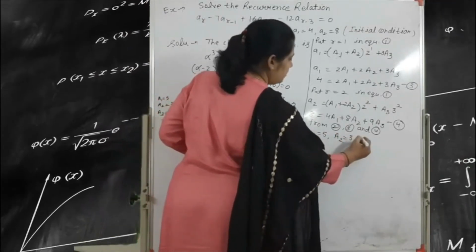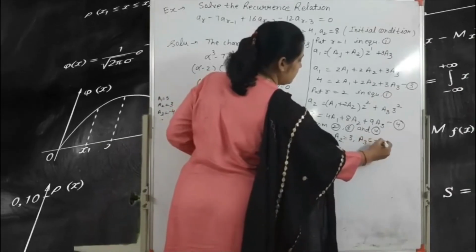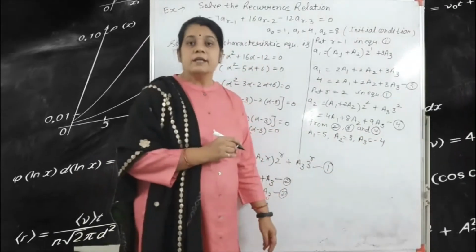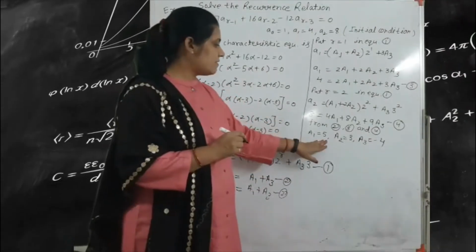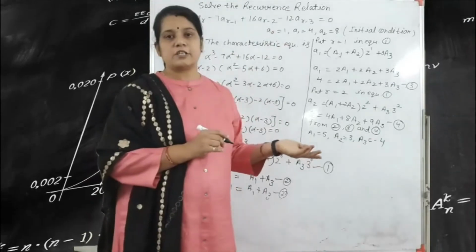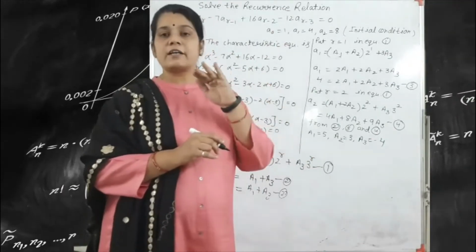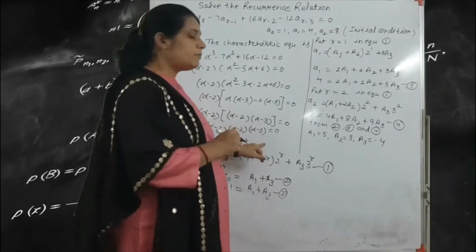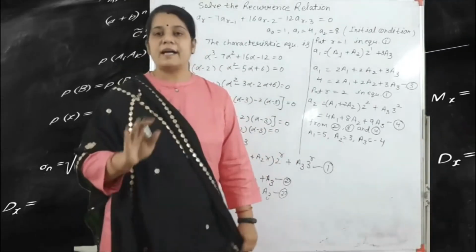the value of a2 is equal to 3 and the value of a3 is equal to minus 4. Why do we use these three values? Because they are given in the initial conditions. If initial conditions are not given in your question, then equation number 1 is your final answer.